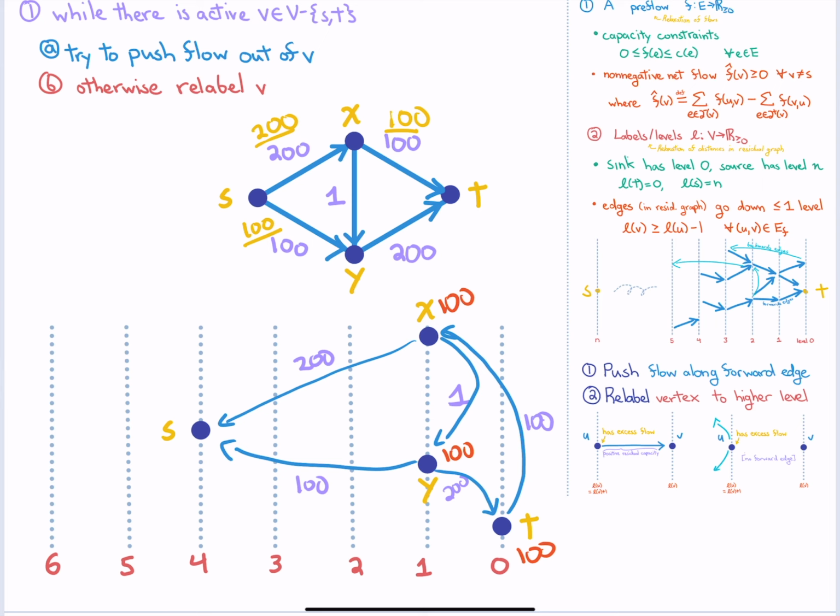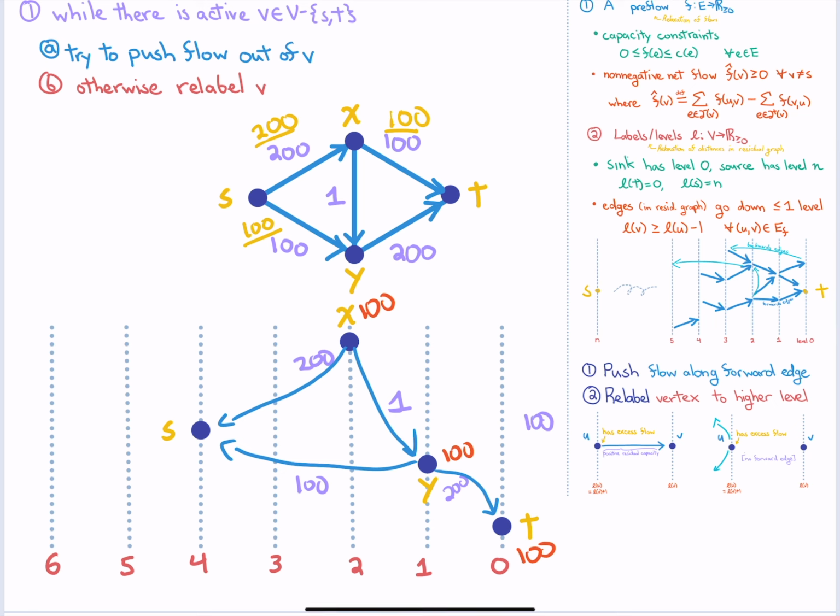And then with X, do you want to push or do you want to relabel? Okay, so yeah, there's no forwards edges for X, so we have to relabel. So let me do that. Okay, now it looks like this.